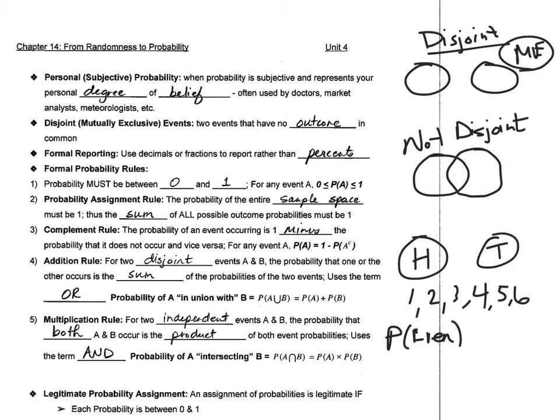Because if I have evens, the odds would be 1, 3, and 5, and then I want 4s, and then 2 and 6. So they would share the 4. So they're not disjoint, if that makes sense. And like I said, you'll see more examples on the examples portion. It'll probably be a better understanding of it then.